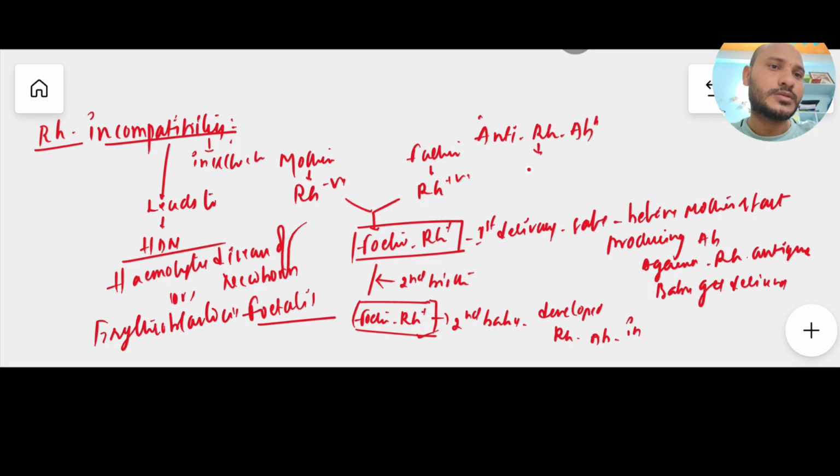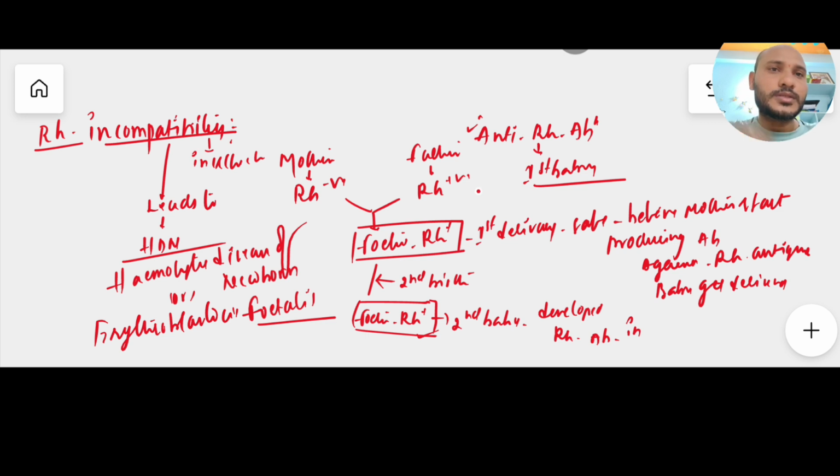Just before delivering the first baby, the mother should be given anti-Rh antibody injections. Then we can prevent the further killing of the fetus. That is the Rh incompatibility concept.